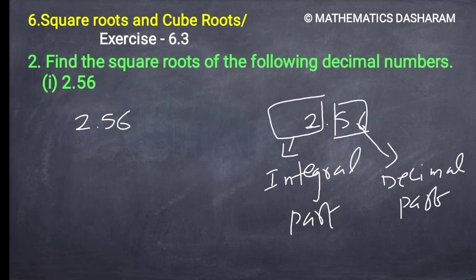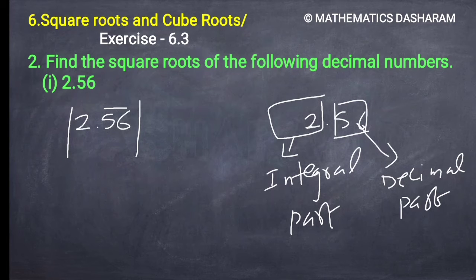So in the given decimal number the integral part has only one digit, so we cannot make pairs, but in the decimal part we can make one pair, that is 56. So coming to the first pair, here actually this is the first pair, but before it we have an integral part.